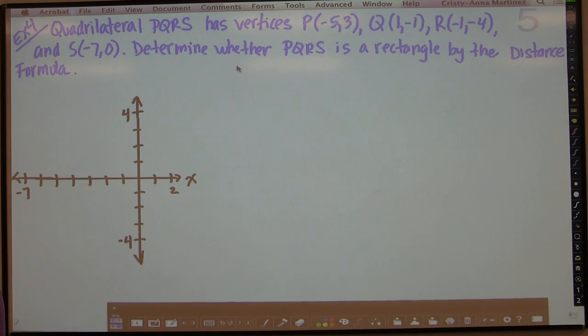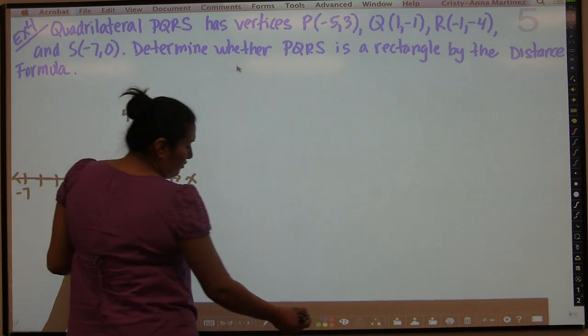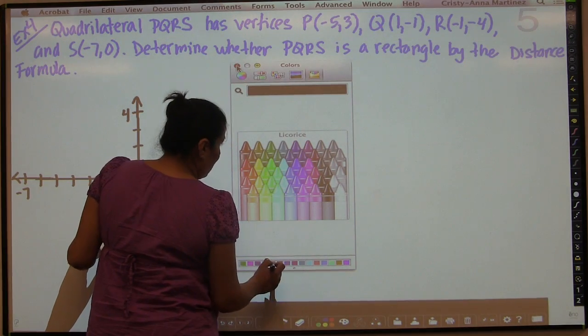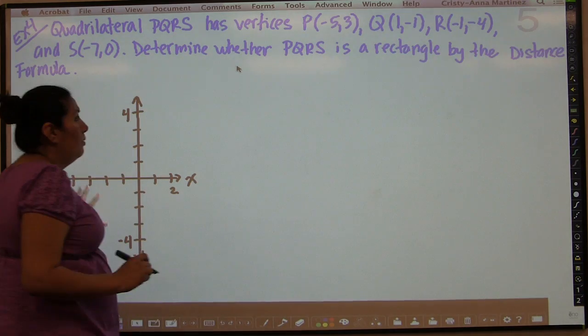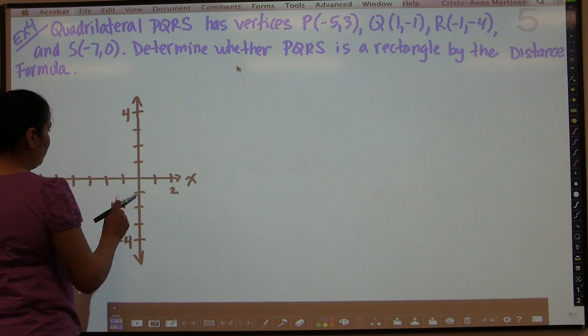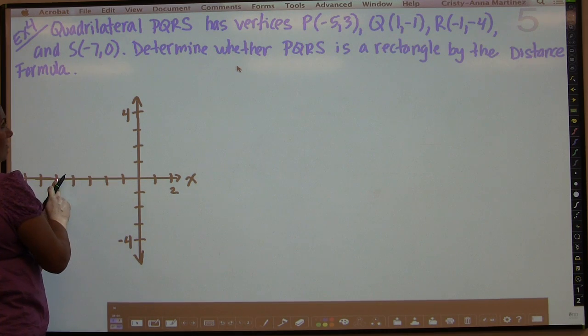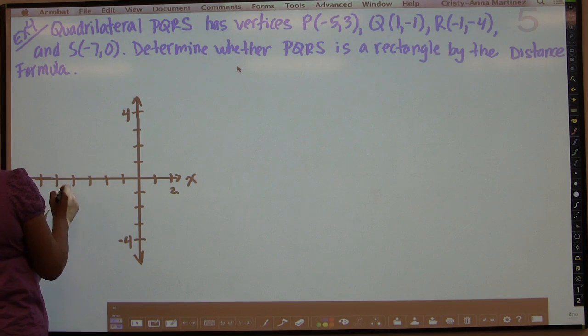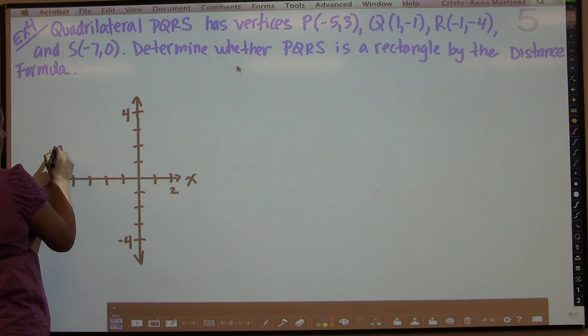And that is another coordinate geometry going on here. So quadrilateral PQRS has vertices P, -5, 3. So the first thing we're going to do is go ahead and plot the points here and graph our quadrilateral. -5, 3, so 1, 2, 3, 4, 5. -5 on the x-axis, +3 on the y. It's going to be right about there.